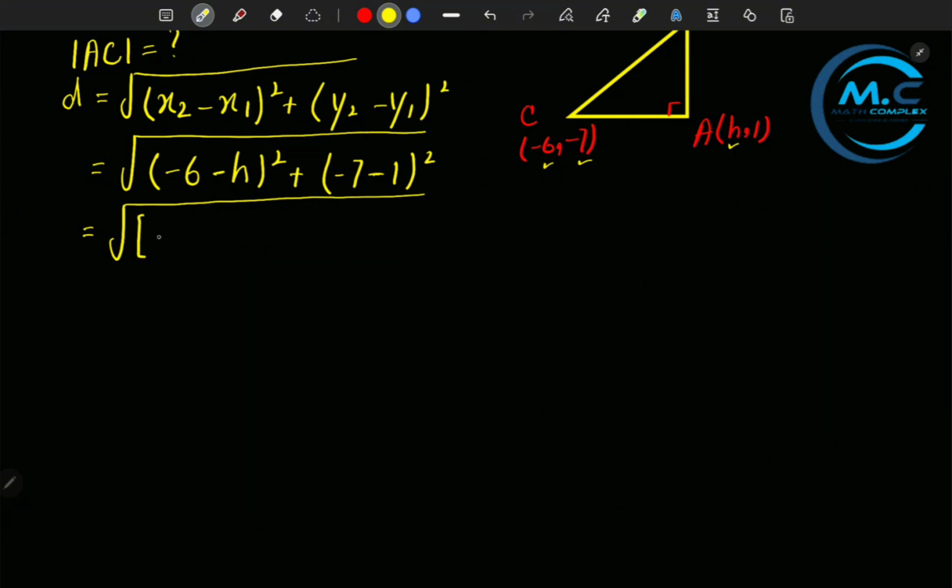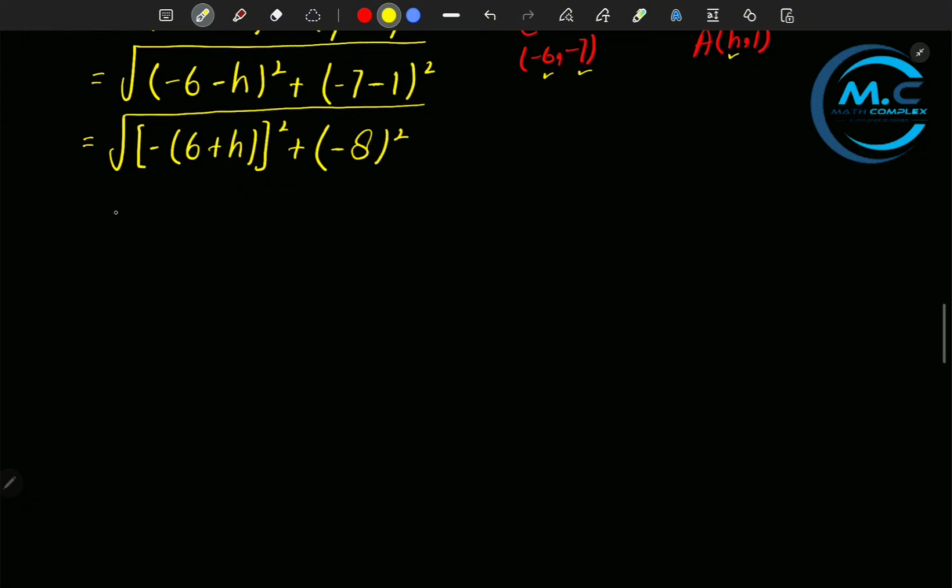Taking minus as common here, this will become (6 plus h) whole square plus (minus 7 minus 1, which is equal to minus 8) whole square. After squaring, this will become (6 plus h) whole square, and this will become 64.